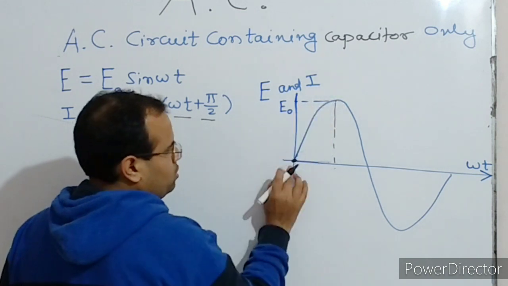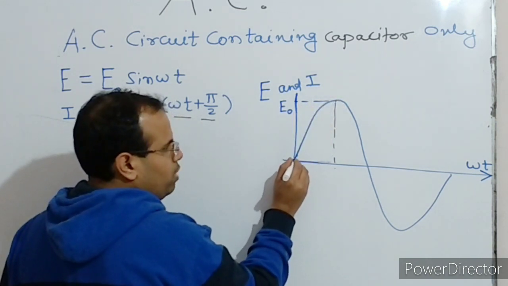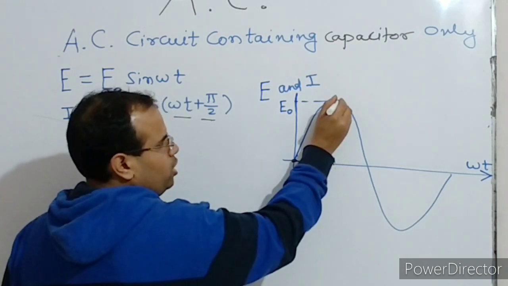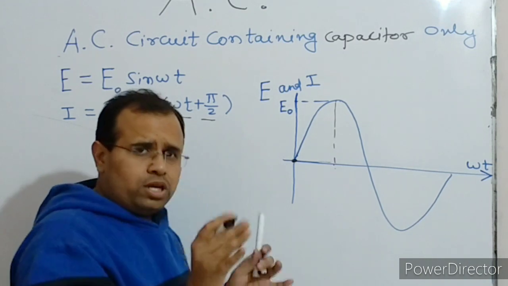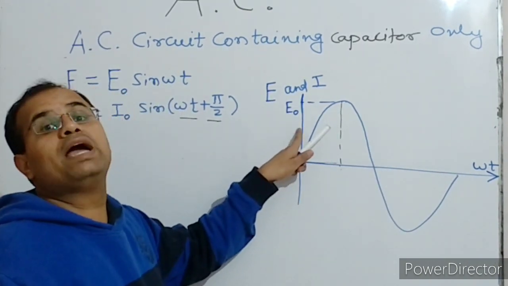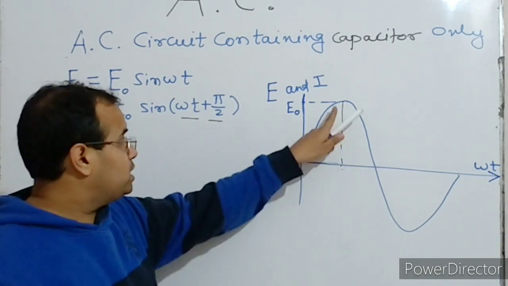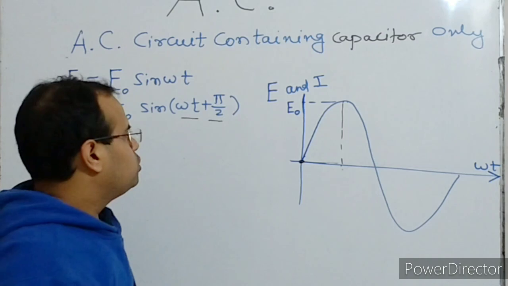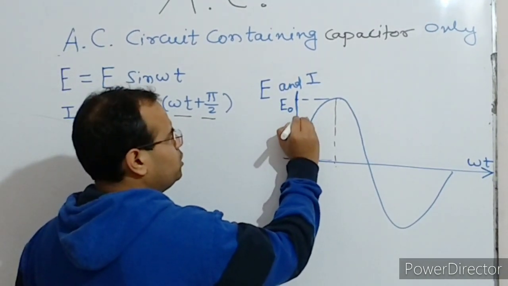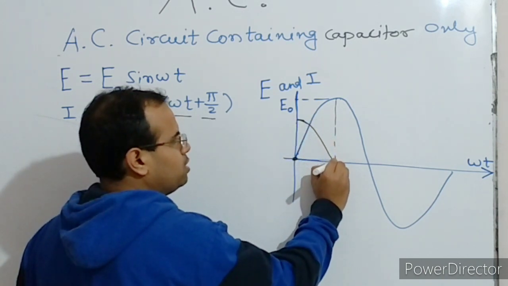See, at this particular time the value of EMF is 0, but after pi by 2 angle, the value of EMF is maximum. So at this point the value of current would be maximum, because EMF gets its maximum value after pi by 2 angle. So this is the maximum value, then it decreases like this.